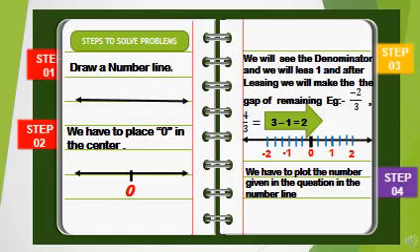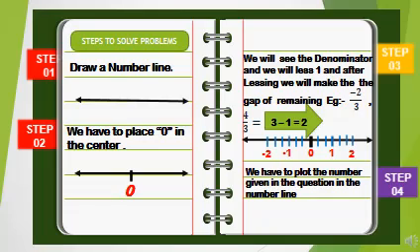There are 4 steps to solve this problem. First step is to draw the number line. Our second step is to plot 0 in the center of that number line. First we will draw the number line, then we will place 0 in the center, because 0 is neither positive nor negative.